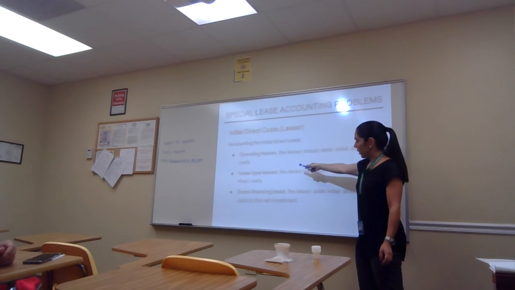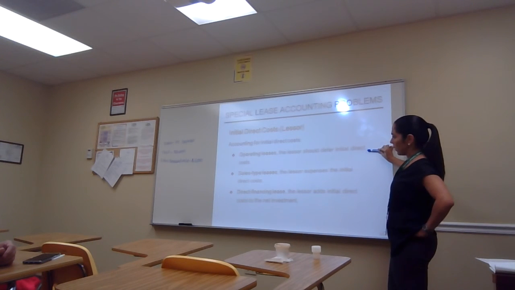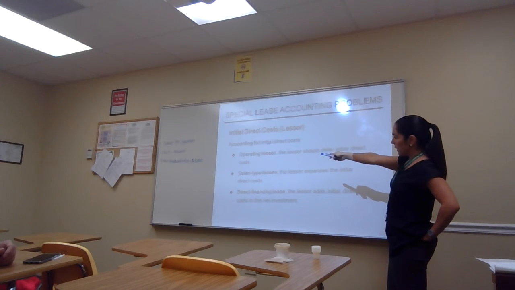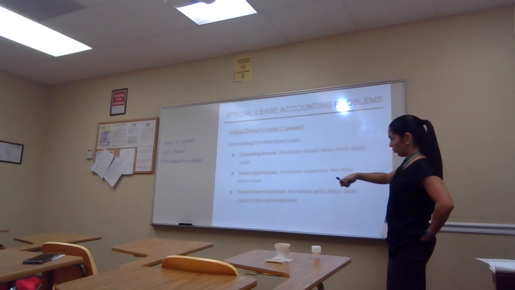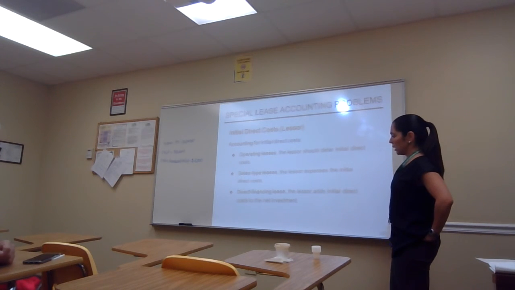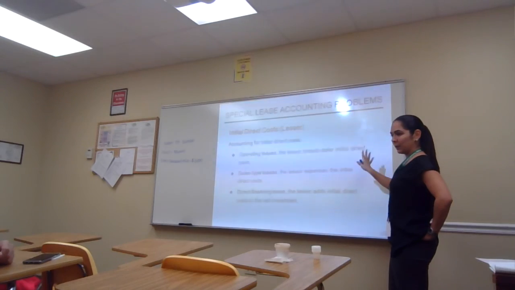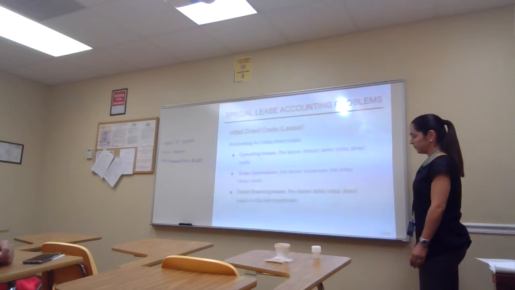And for each type of accounting method, it tells you how to record the initial direct cost. So for operating leases, you should defer the initial direct cost to the future. In a sales-type lease, the lessor expenses it right away. In direct financing, they include it in the net investment. So that's all this slide is telling you. This is just facts for you to know.